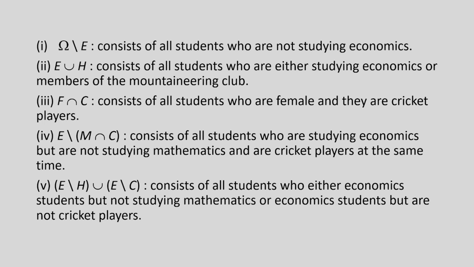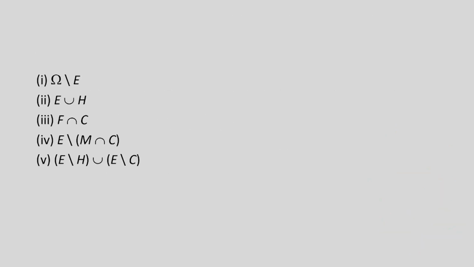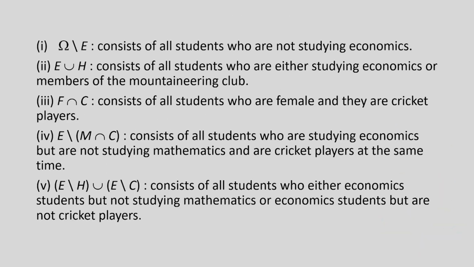F is the set of female students. C is the students who are members of the cricket club. It consists of all students who are female students and, at the same time, cricket players. C is the set of all cricket players, yes. So, F intersection C are female students who are also cricket players.